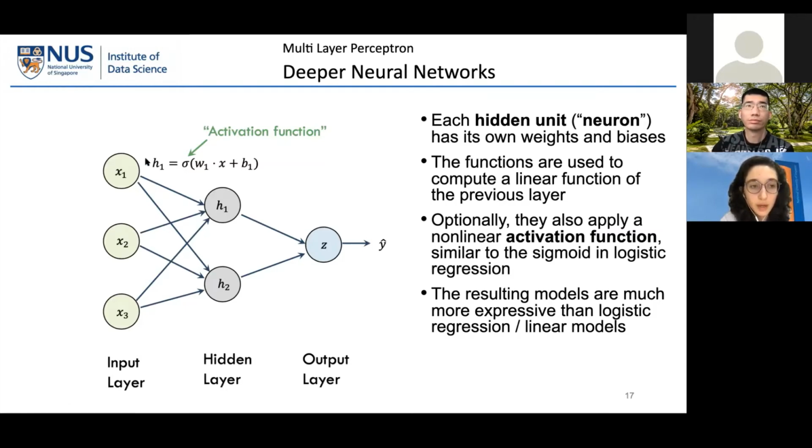Previously we had only some input and directly the output. But here we can think of intermediate neurons, intermediate functions, or intermediate building blocks, okay? And each building block will have its own weights and bias. As you can see here, H1 is also, for instance, a sigmoid function. It's the same expression as the logistic regression, but it has its own W and B that will have to be estimated.